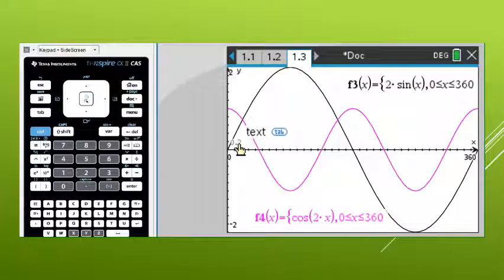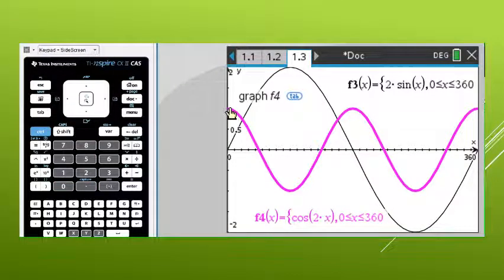Okay, so you get a better idea of the graph. If you double click on the scale here, if I make this 0.5, we can see it's going up to 1, 1.5, 2, so it's a bit easier to read the scale.